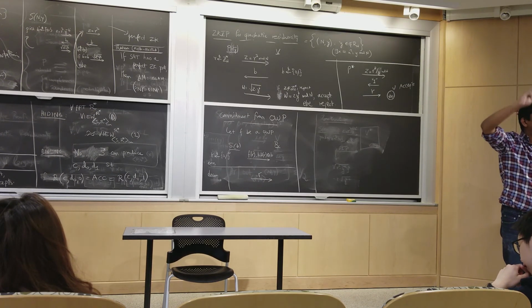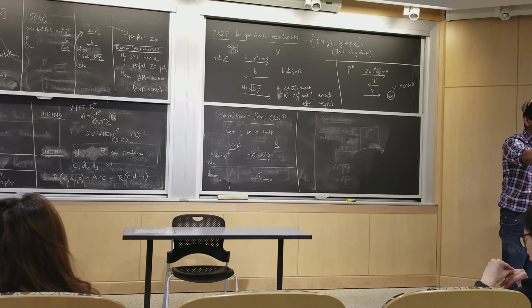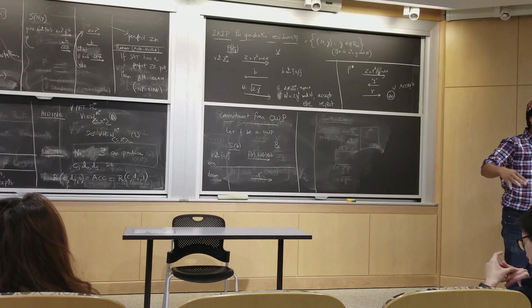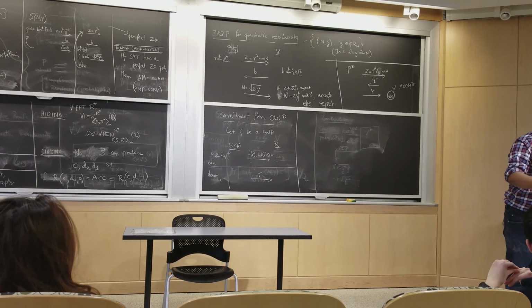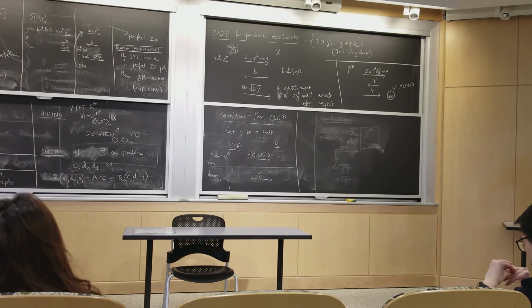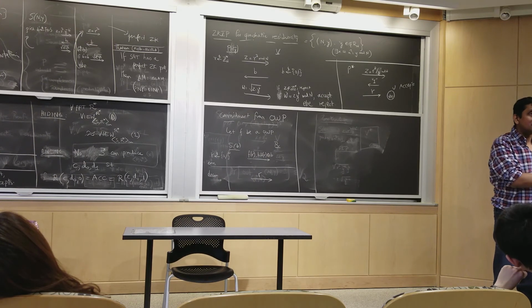So pick an NP-complete language, your favorite. Hamiltonicity, very good. 3-SAT, very good. 3-coloring, which is what I'll show, very good. It doesn't matter which one I pick. I show a zero-knowledge protocol for the NP-complete language. And now, how do I design a zero-knowledge protocol for a given language in NP? Use the NP-completeness reduction.